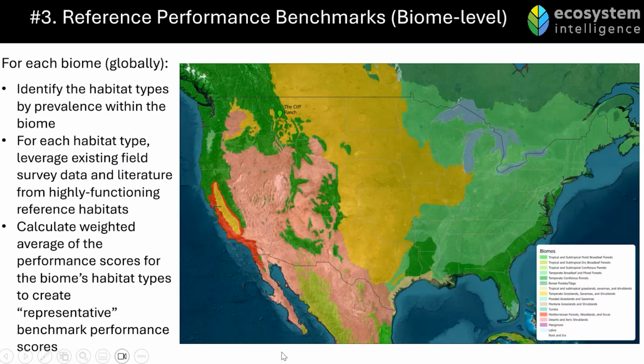Okay, so reference performance. I'm going to talk about this very quickly. It's something you might want to have more conversation on at a later date, but how do we get those reference performance benchmarks? Where do they come from? And basically, they're done at a biome level.